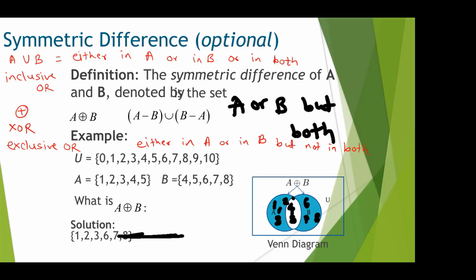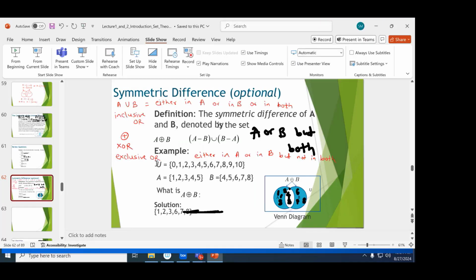So we are excluding the intersection part, and that is the definition of symmetric difference. Here they have given one example. Let's say our universal set contains 10 elements. Here I don't have space, so let's take this example.